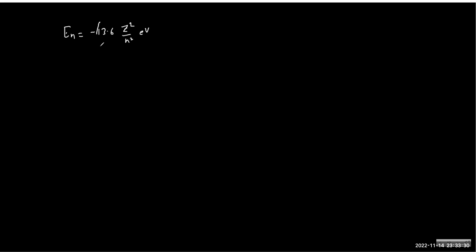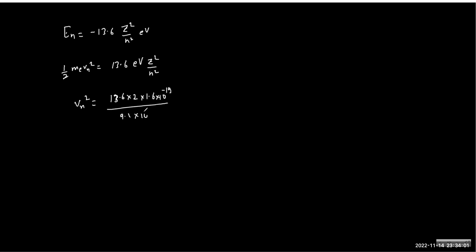We know this entire term represents the kinetic energy, if you remember. So Vn square is 13.6 into 2 into 1.6 10 power minus 19 upon 9.1 10 power minus 31, Z by n whole under.